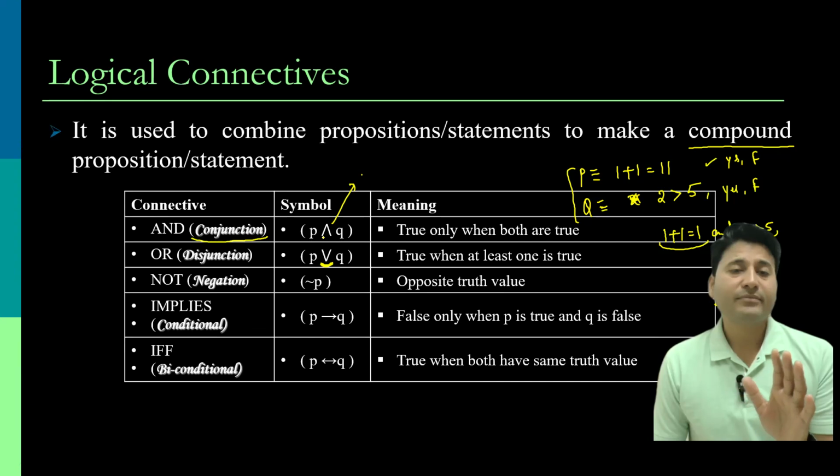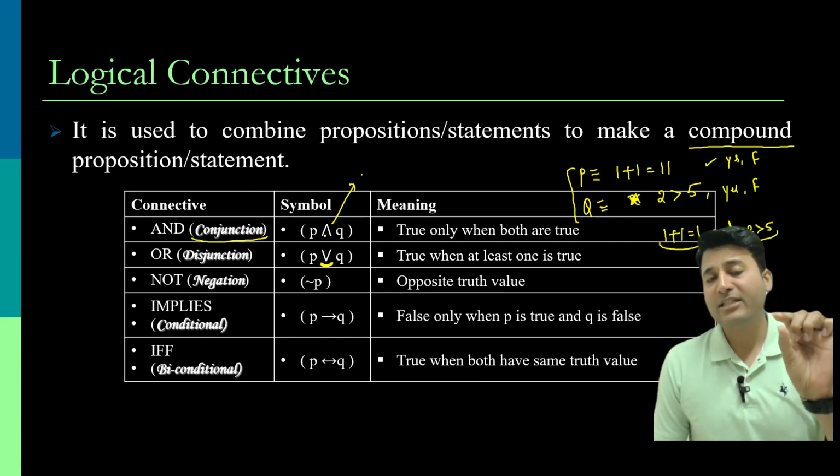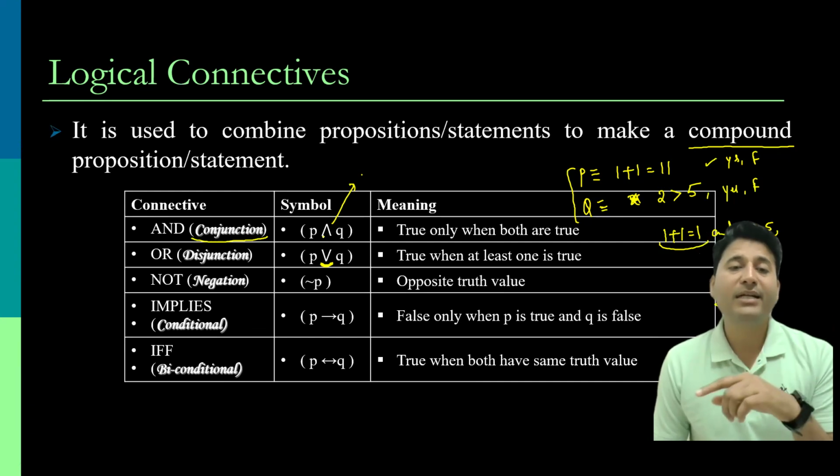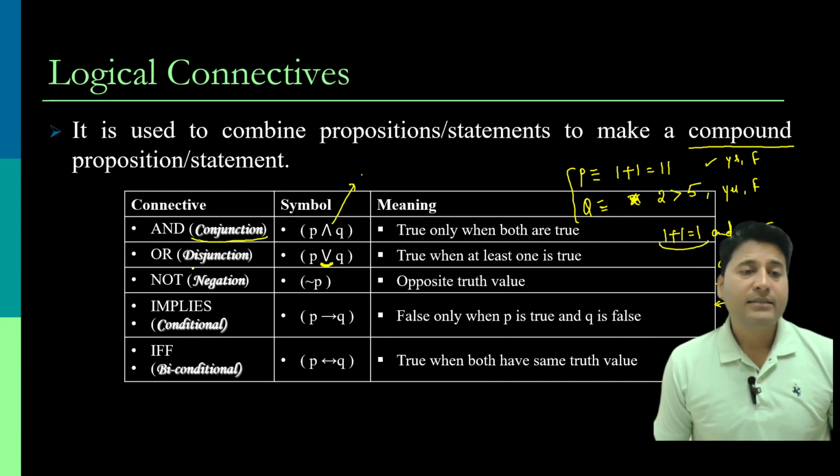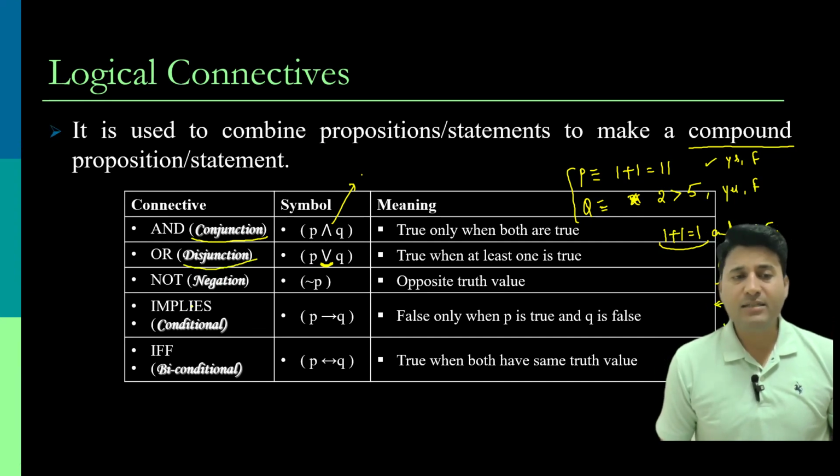AND means the intersection. We will understand how it is similar to that later on. OR means one of them, which is similar to union, also known as the disjunction. We do have not, also called negation, and this is how it is denoted, negation of P.